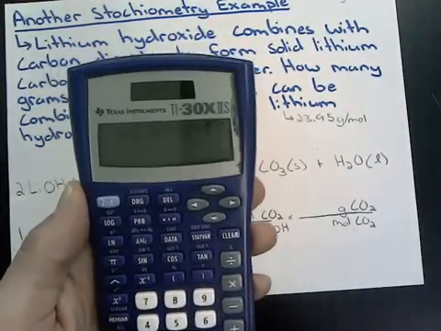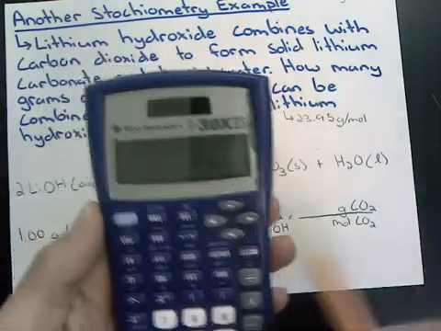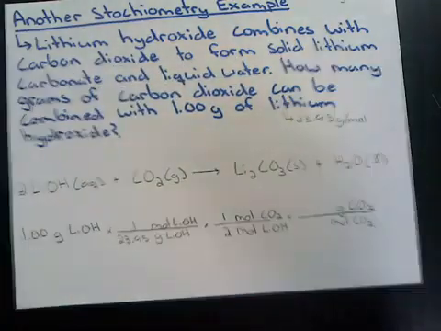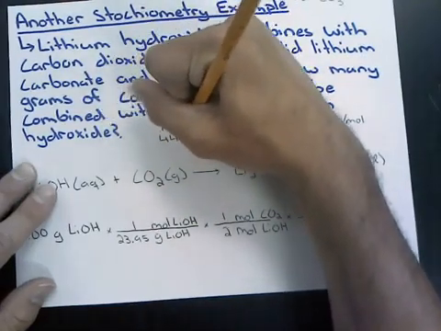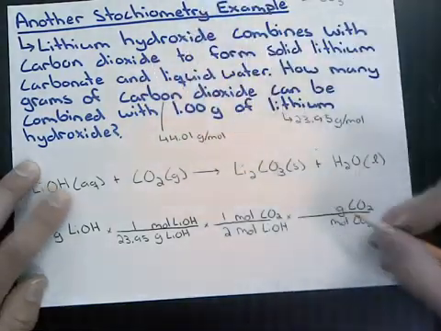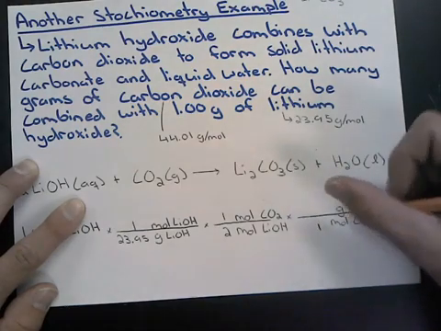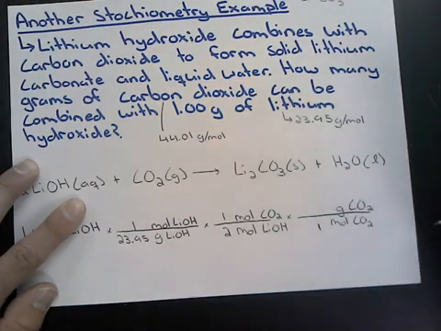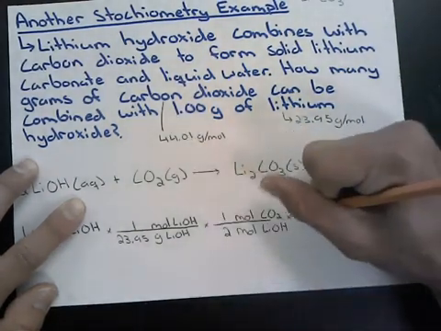Remember, the molar mass of oxygen is 16.00, and we press enter. So the molar mass of carbon dioxide is 44.01 grams per mole. So we put 1 mole. Whenever we have gram over mole or mole over gram, 1 is always associated with moles, and then that value for grams becomes 44.01.